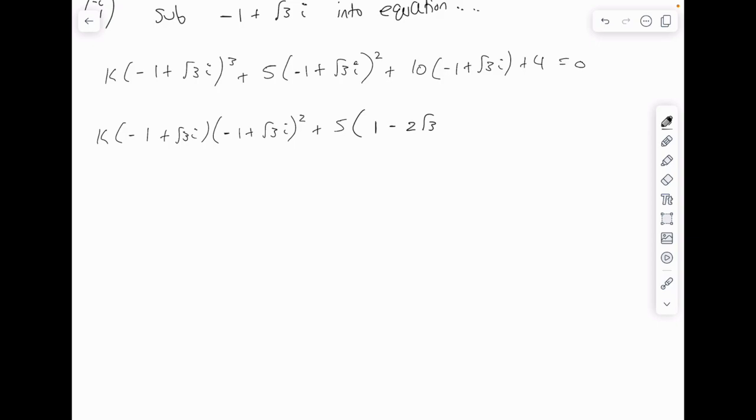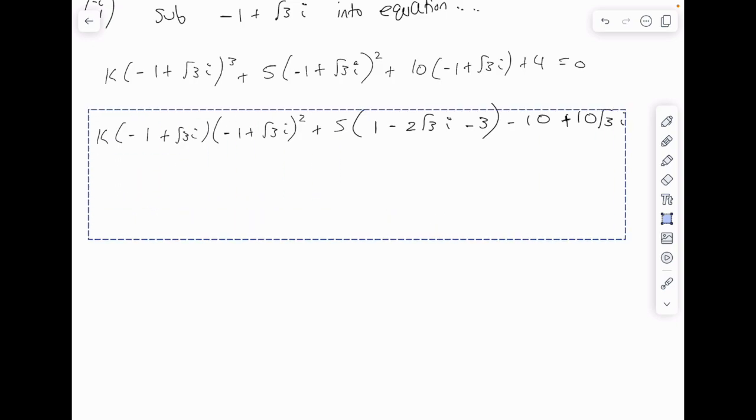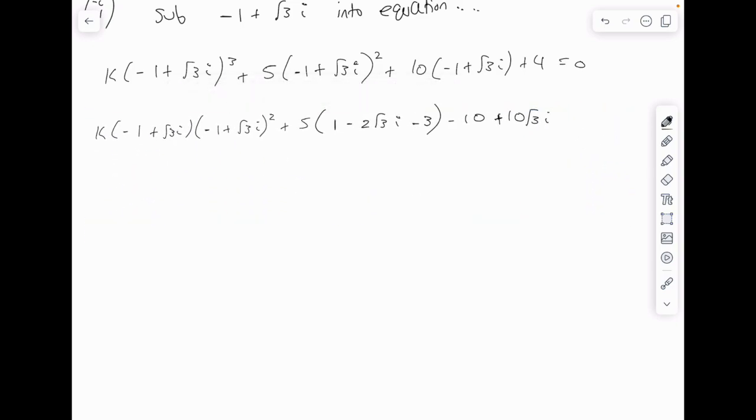Excuse me. Let's see. Okay, and it's going to be minus 10 plus 10 root 3i plus 4 equals 0.